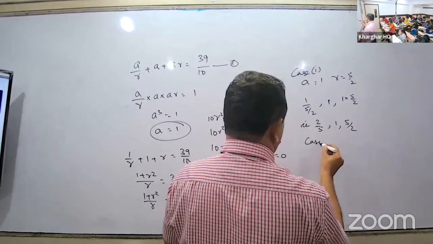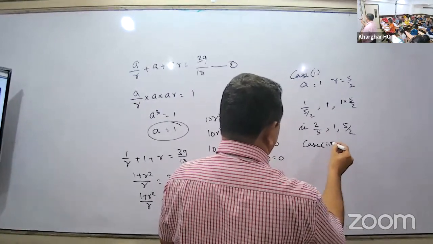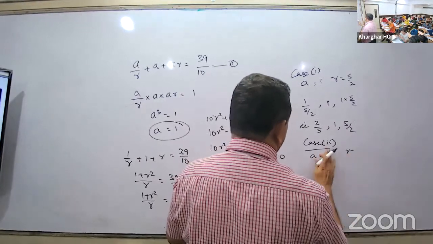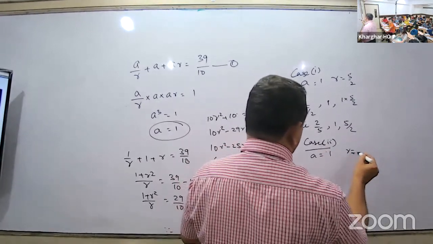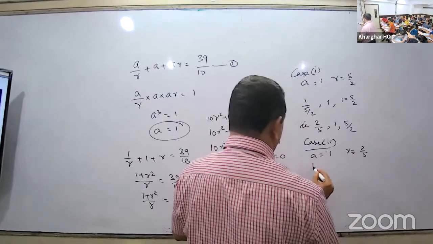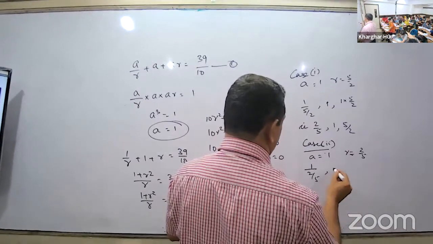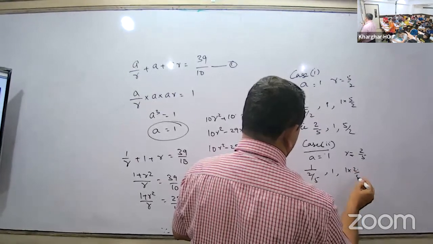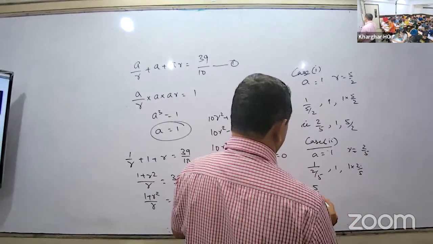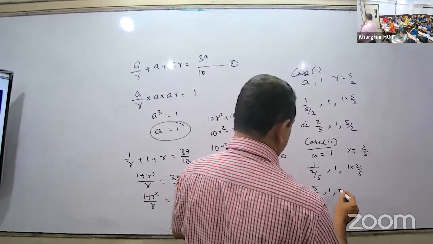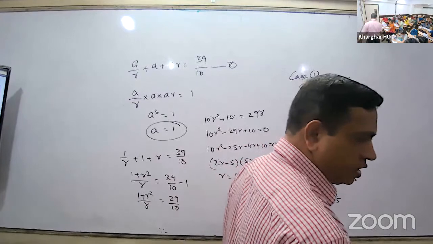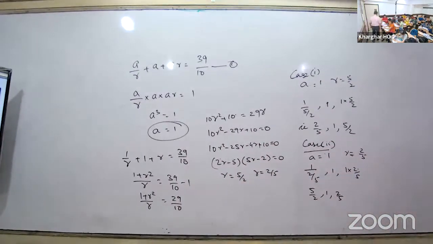Second case: A is equal to 1, R is equal to 2 by 5. 1 upon 2 by 5 is 5 by 2, 1 and 2 by 5. Complete, all of you? Okay.